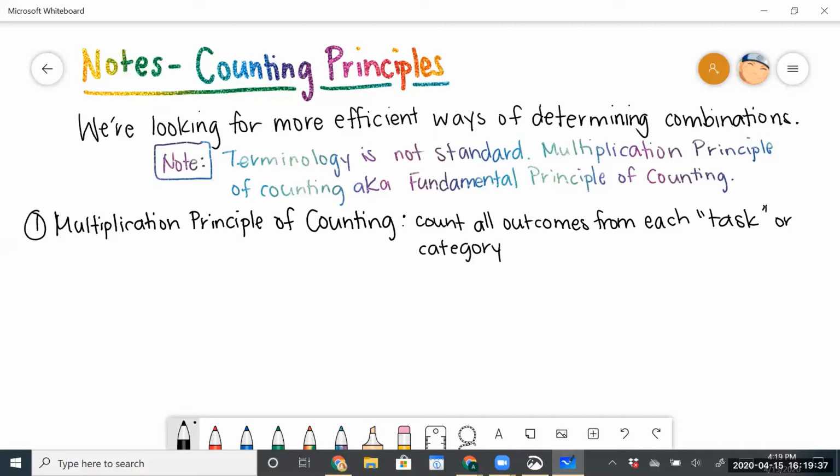And then once you figure out how many tasks or categories you have and what options you have within those categories, then we just multiply them together. Okay, and a lot of you figured this out even as far back as the yogurt problem.